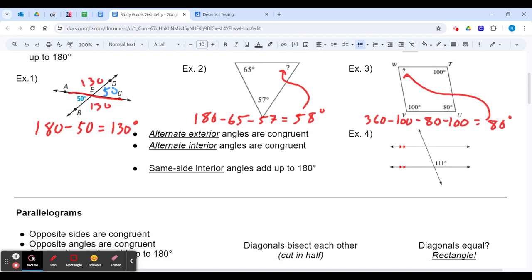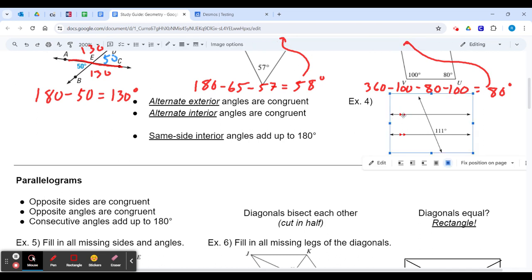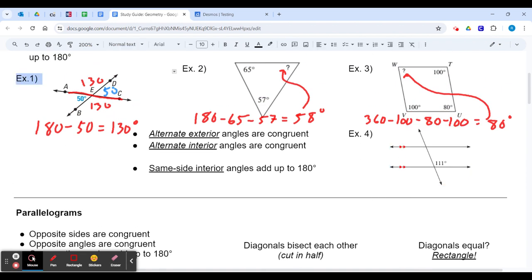The last angles principle dealt with this idea of two parallel lines. We have two parallel lines here. The top line is parallel to the bottom line, and we have a third line cutting through them. This is built off similar principles as example 1, but all of our alternate angles are going to be congruent. So our alternate exteriors and our alternate interiors are going to be congruent.